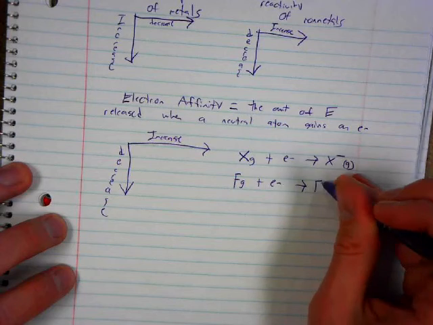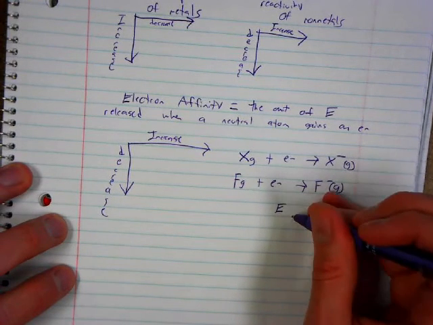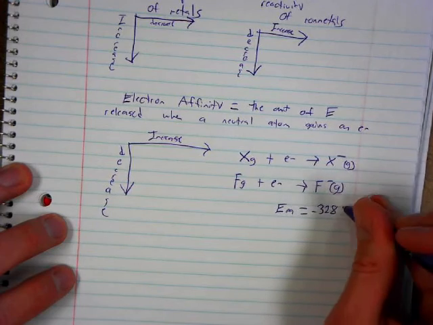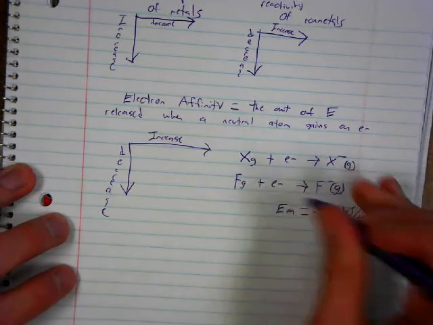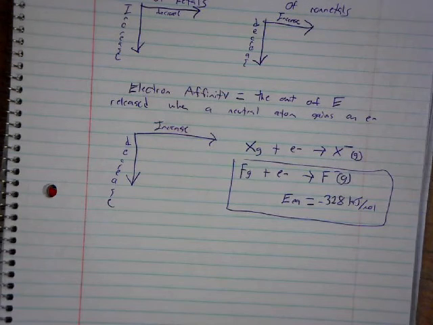So if I have fluorine gas plus an electron, that gives me F minus gas, and the energy of this equation is equal to negative 328 kilojoules per mole. Sometimes they'll even give you a numerical value.